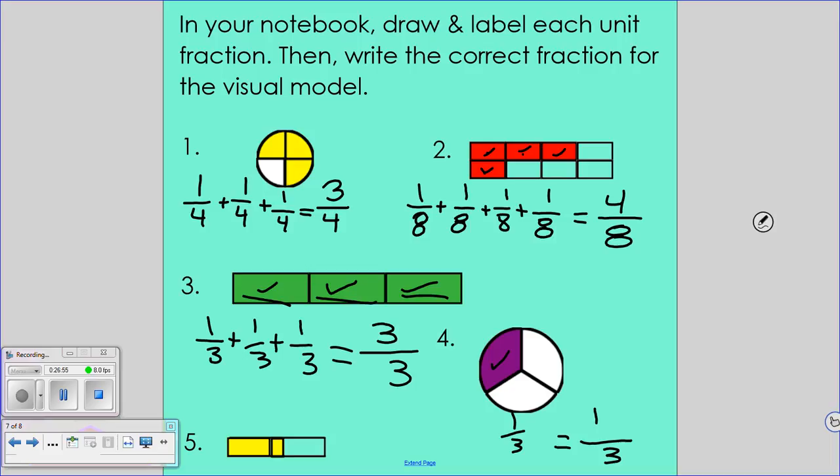James? Confused on number 5. Oh, well, what's the problem with number 5? What's confusing about number 5? Mateo? Not equal. So is this a visual model of a fraction? No. No, not a fraction.